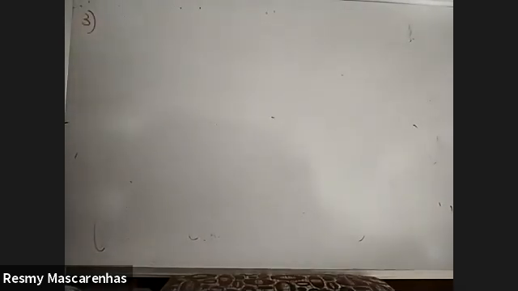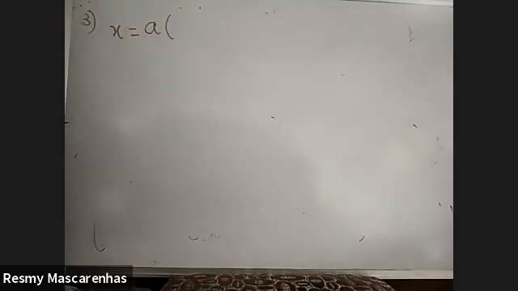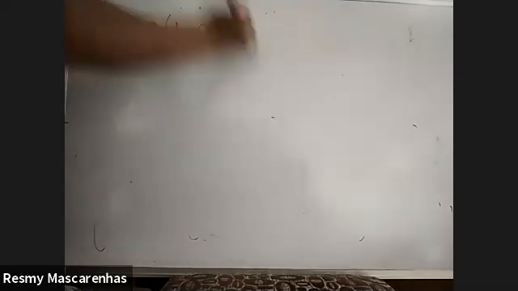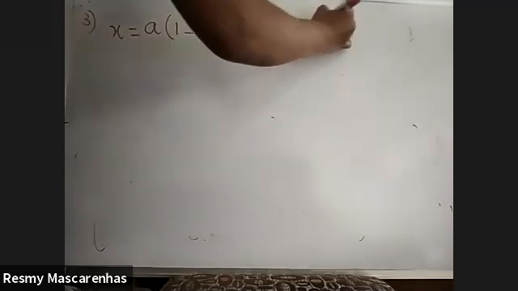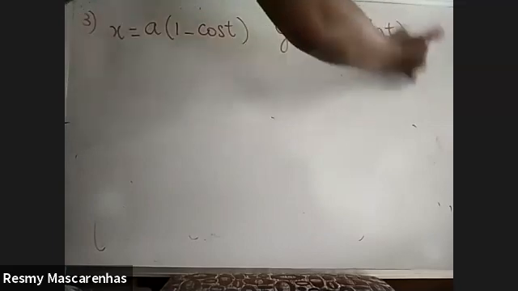Next question. x is equal to a(1 minus cos t), y is equal to a(t plus sin t).